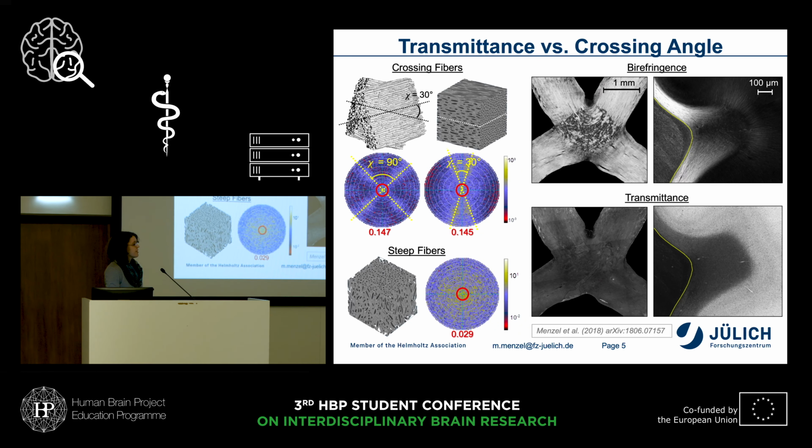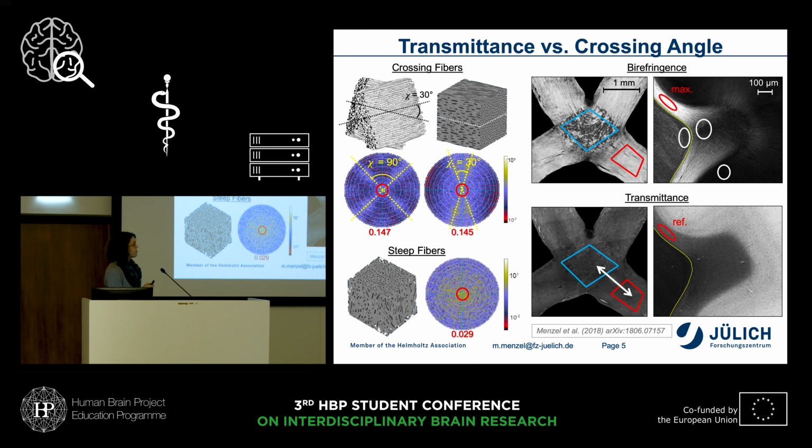This we can also see in the optic chiasm here, where we have two crossing fiber bundles. So the birefringent signals here cancel out, but the transmittance in the crossing and the parallel region of fibers is almost the same. And this we can now use to distinguish regions that all show low birefringent signal.